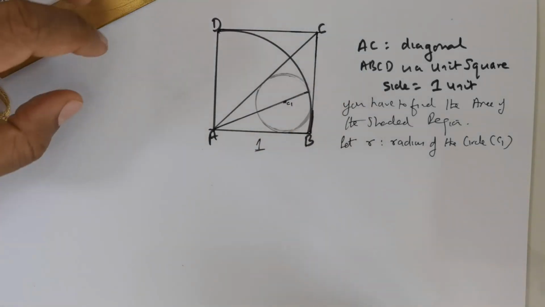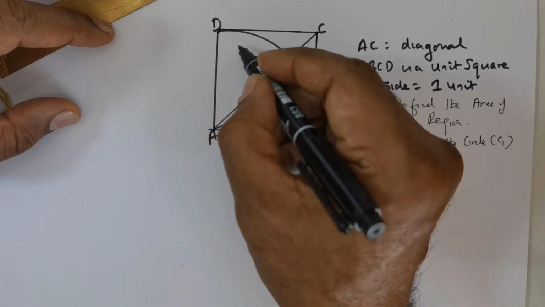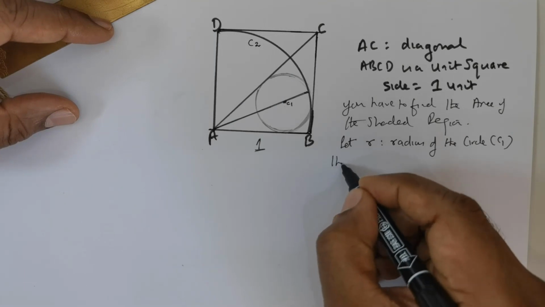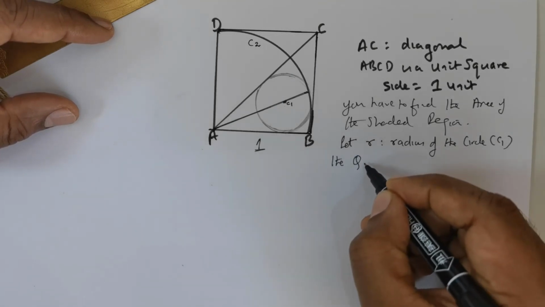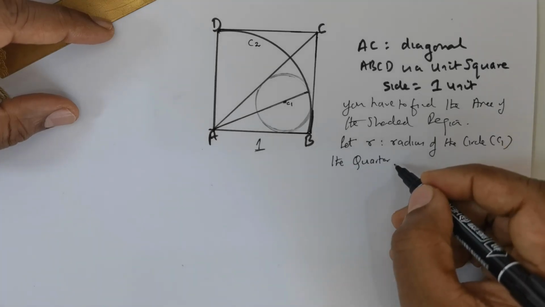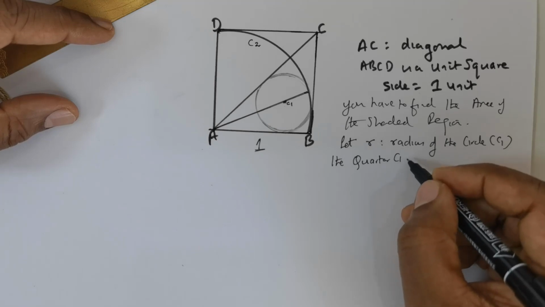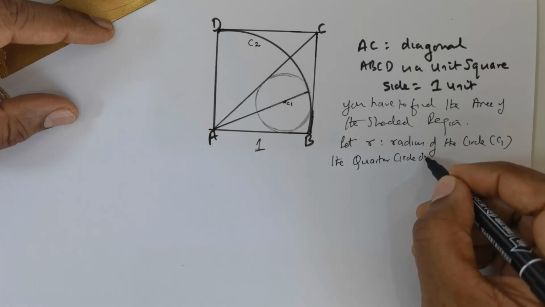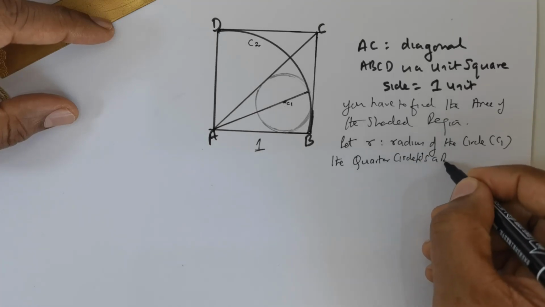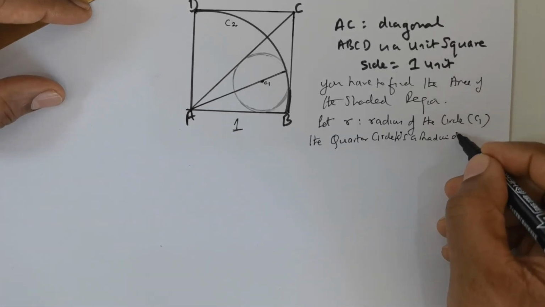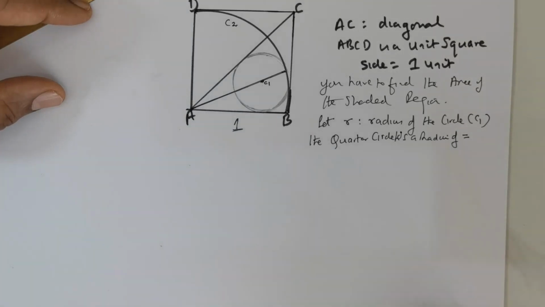on the quarter circle. Now if you see the quarter circle, let me take the quarter circle to be C2. The quarter circle has a radius of, what do you think is the radius of the quarter circle?